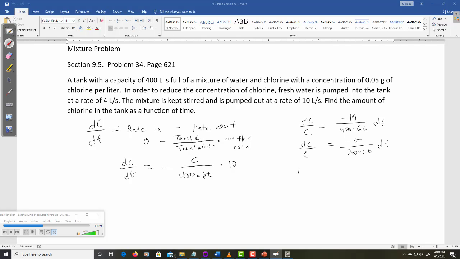Integrate both sides, you get natural log of C in absolute value equals, I'll let u be the denominator there, 200 minus 3t, du is negative 3 dt. Divide out the negative, you get 5 over 3 integral of 1 over u du, which will get you 5 over 3 natural log absolute value of 400 minus 6t, or 200 minus 3t.